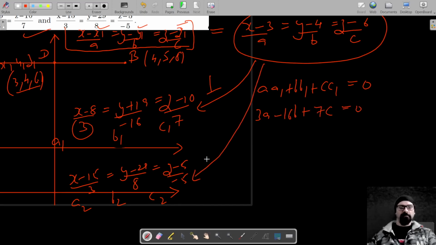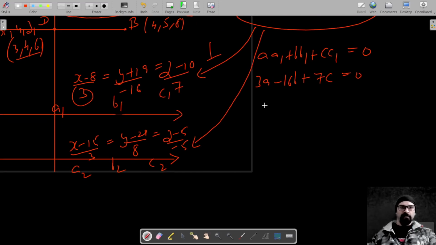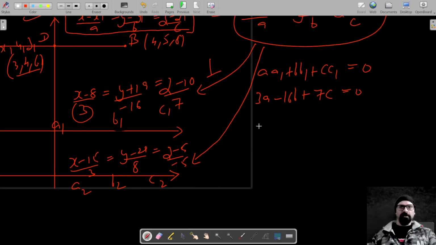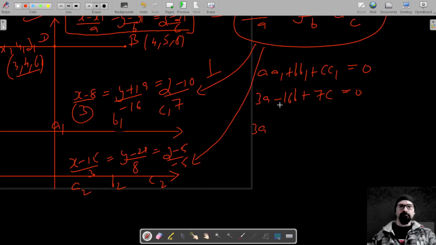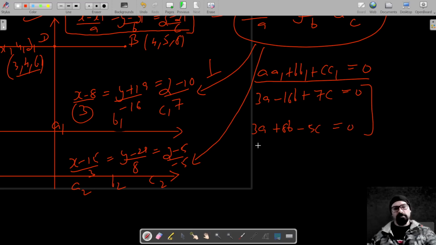Also, this line is perpendicular to the other one, so 3a + 8b - 5c = 0. So these are two equations, and we have to solve them to get the values of a, b, and c.